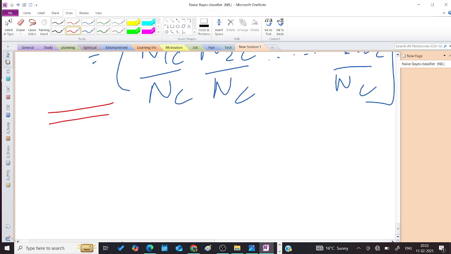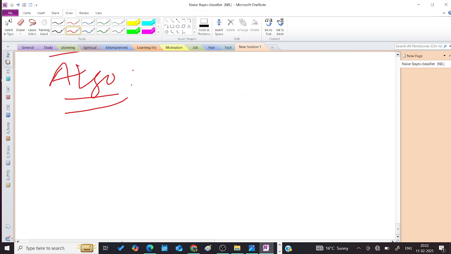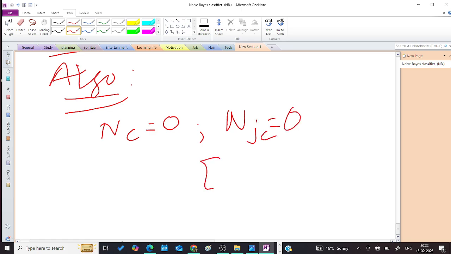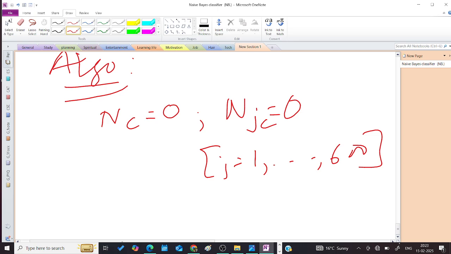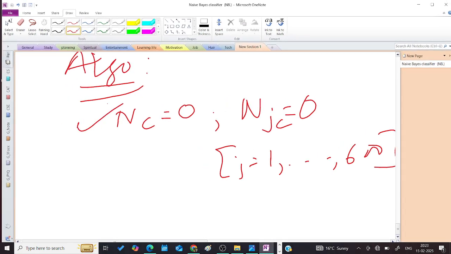Let me share the algorithm of fitting. So let's first set nc equals to 0, njc equals to 0, where j equals 1 to 600. Suppose there are 600 features. So we have initialized this.